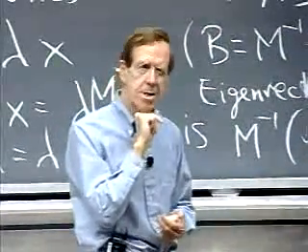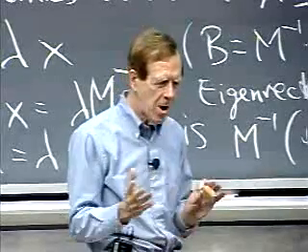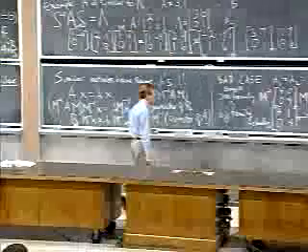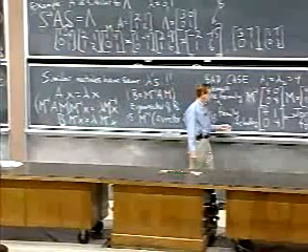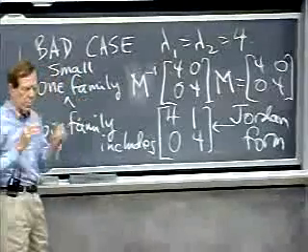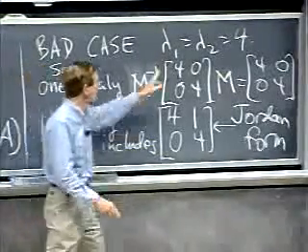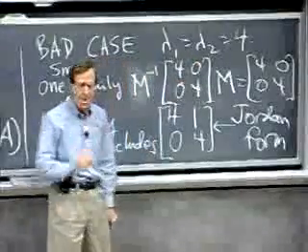I think it's not the climax of linear algebra anymore, because it's not easy to find this Jordan form for a general matrix, because it depends on these eigenvalues being exactly the same.